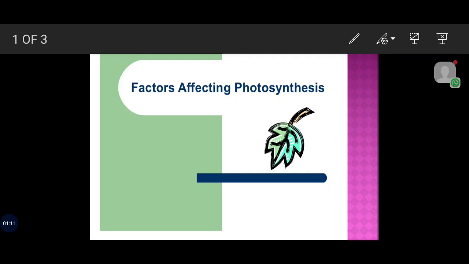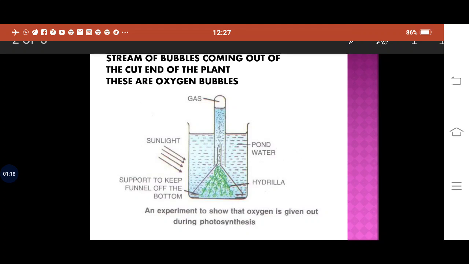Students, do you know one thing? We actually study the rate of photosynthesis. That means how fast or how frequently the process of photosynthesis is occurring in a plant body during daytime.